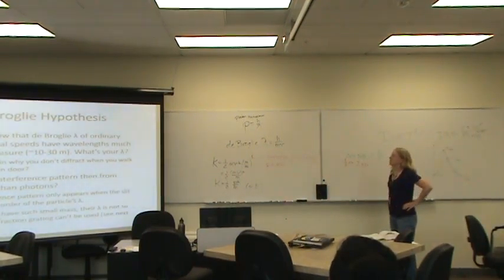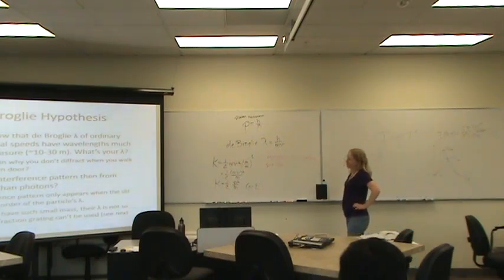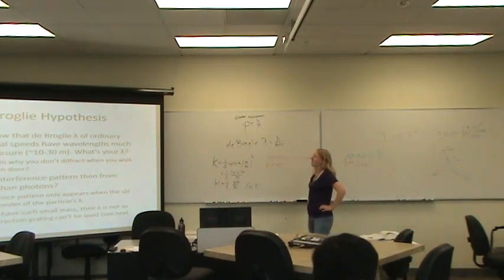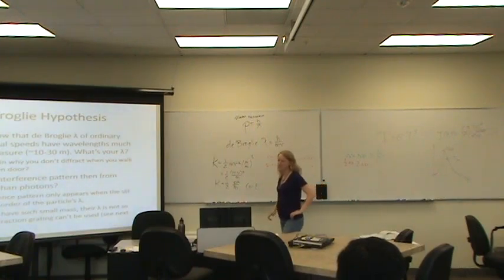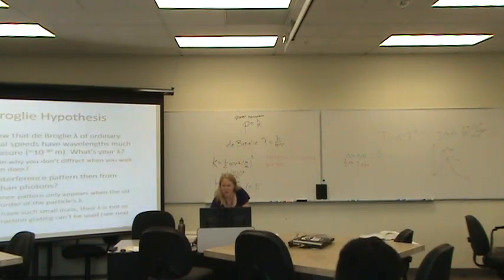Okay, so at normal speeds, for normal ordinary objects like you and me, we're going to have a wavelength of 10 to the negative 31st. So really small as opposed to really large. That should be 10 to the negative 31st, or 30th.